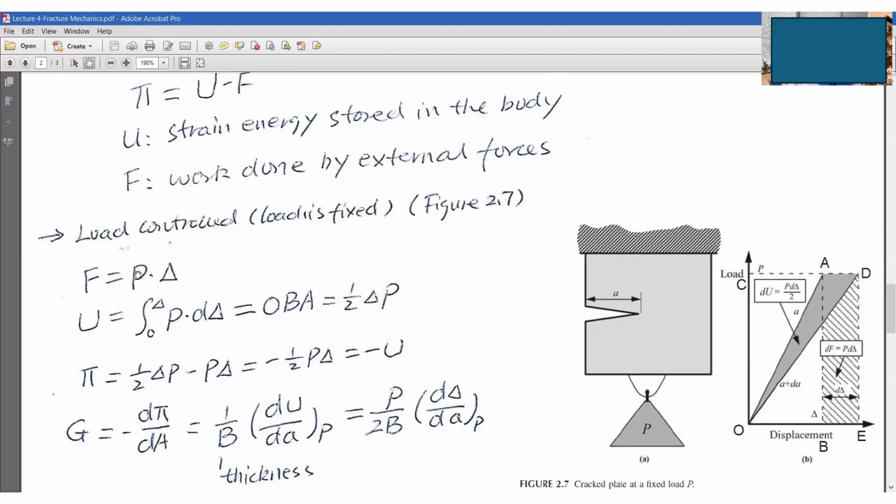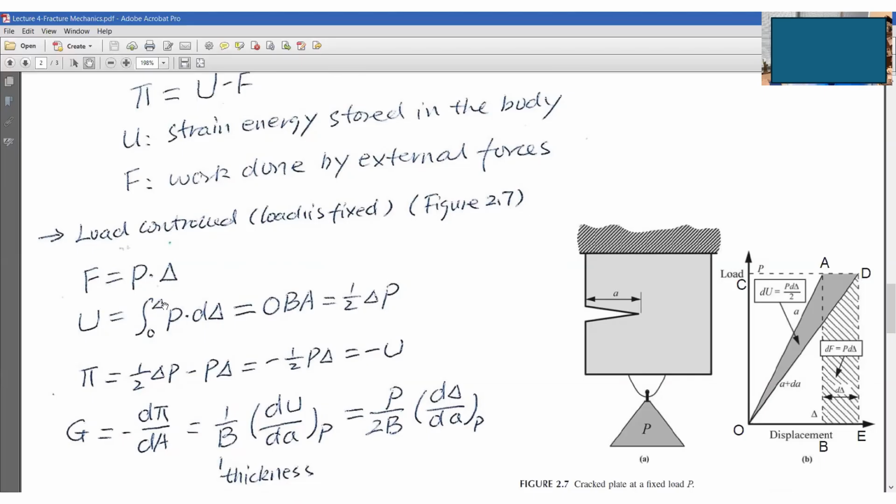Then I calculate the strain energy. The strain energy can be obtained by integrating P multiplied by d delta, from 0 to delta.